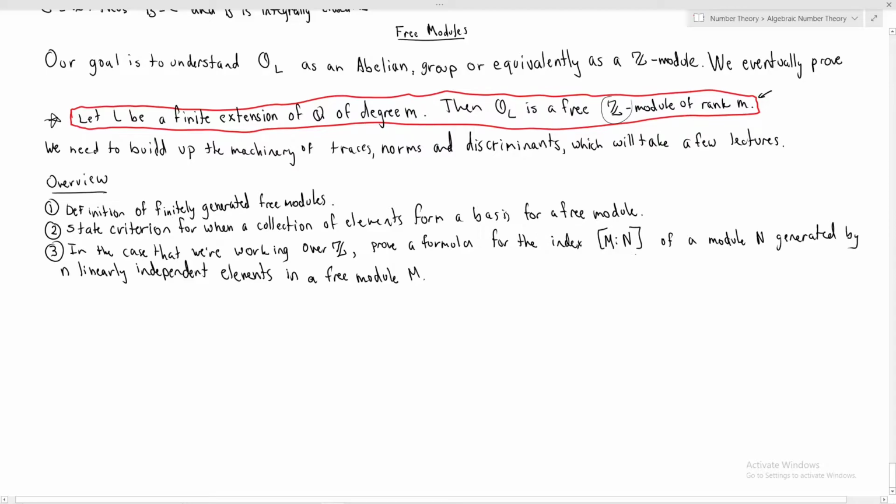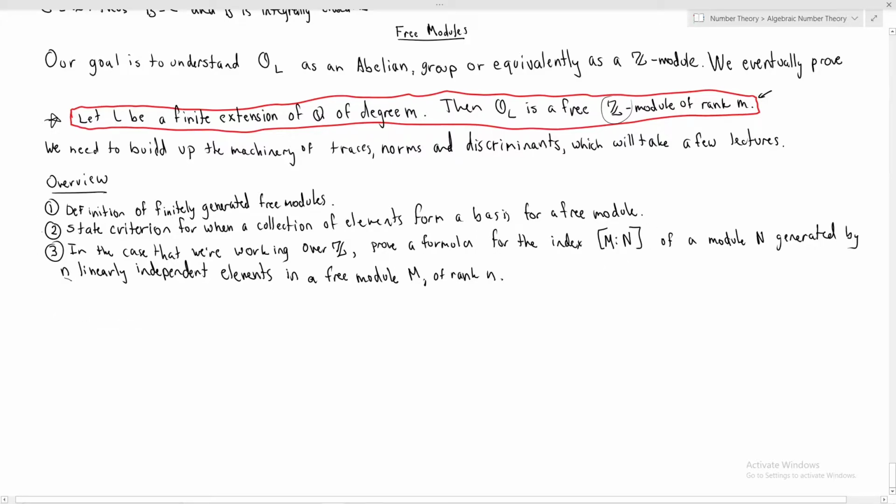Unlike in the case of vector spaces, where if I have n elements of a vector space of dimension n, they span if and only if they're linearly independent, that doesn't quite happen over Z. I can have n linearly independent elements in a free module of rank n that don't actually span, so this index isn't 1, it's bigger than 1.